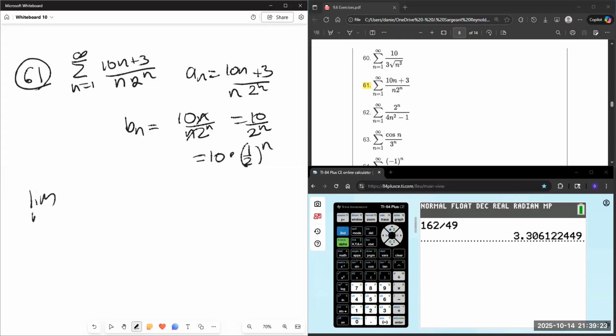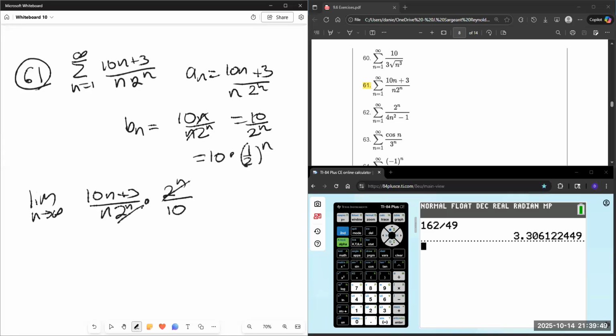Limit as n goes to infinity of an, which is (10n plus 3) over n times 2 to the n, over bn. Let's just multiply by the reciprocal. So (10n plus 3) over n times 2 to the n, times the reciprocal, 2 to the n over 10n.